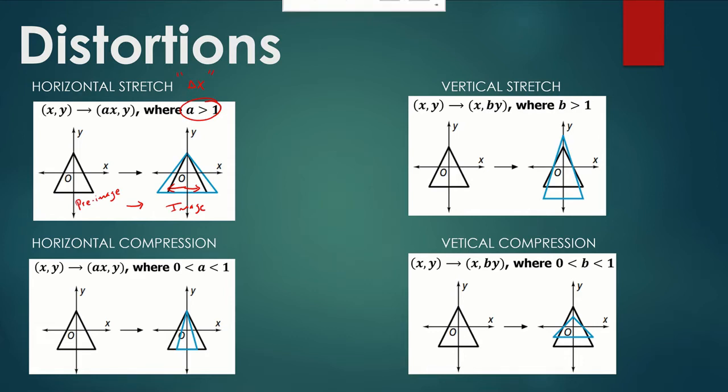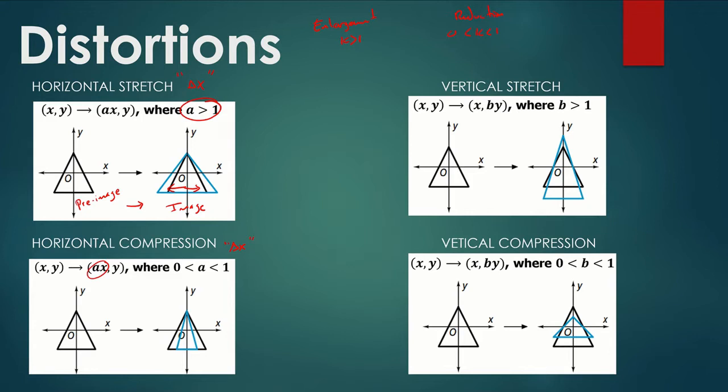It's kind of like when we talked about dilations and had an enlargement or reduction. We had an enlargement when k was greater than 1, and a reduction when k was between 0 and 1. The same thing applies here. The only difference is now we're looking at each component specifically, so only talking about the x.